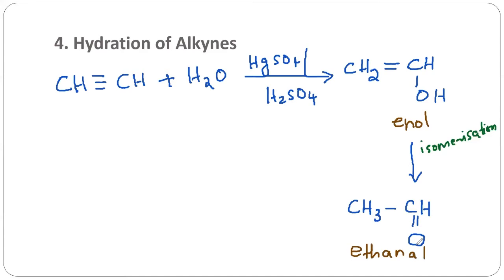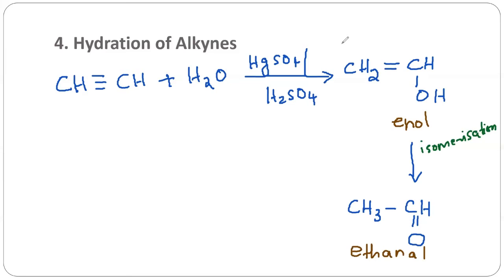As we learn more examples, we will see that only ethyne will give an aldehyde. Every other alkyne is going to give you a ketone because addition happens according to the Markovnikov rule. The oxygen will never go to the terminal carbon. It will always come to the middle carbon. So ethyne will give you ethanal, an aldehyde, but every other alkyne is going to give you a ketone.